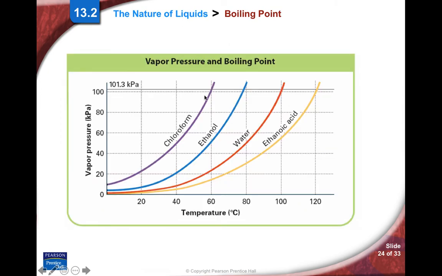These are some vapor pressures of different liquids and how they change with temperature. Of course, most of us, the only thing we ever see going from liquid to boiling is water, and most of us don't deal with these other things.